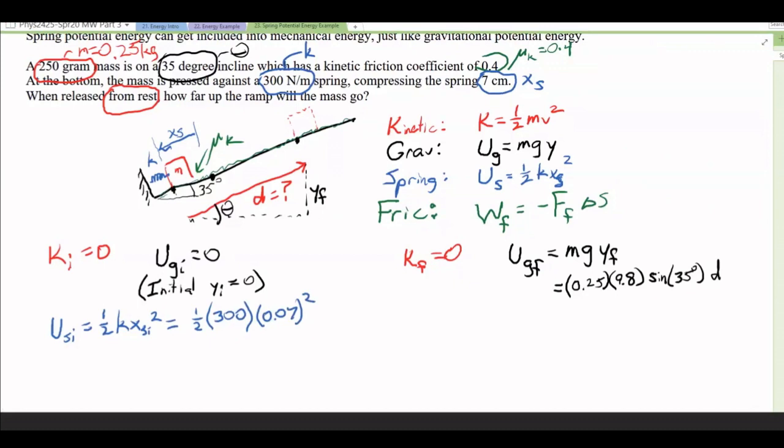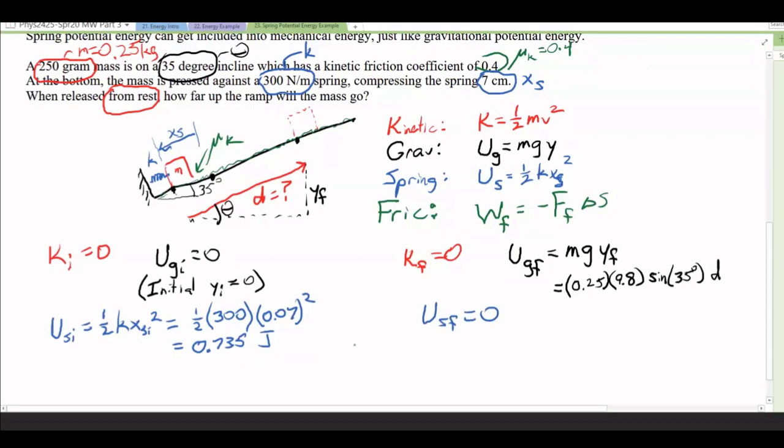So this is 0.735 joules. And then U spring final is equal to 0, because the spring is not a factor anymore. Once the spring gets to its natural length, it stops pushing on the mass and lets go of the mass. So then the mass gets to take all of that energy that was released and hold it as kinetic energy.